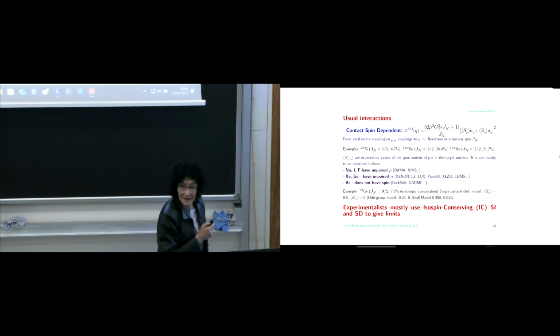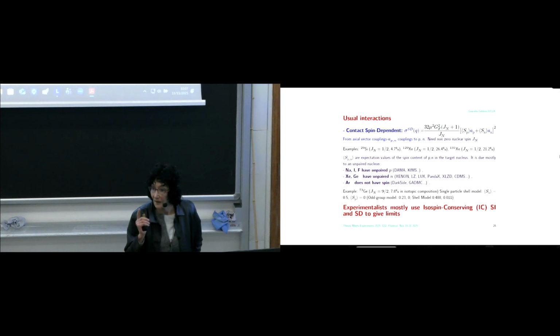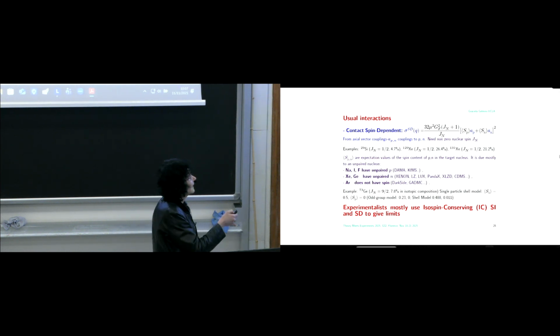Argon has 0 spin, so in principle this kind of cross-section is 0 for argon. But for others, it depends, because you can have unpaired protons, namely the spin is mostly carried by protons, or the spin is carried by neutrons.